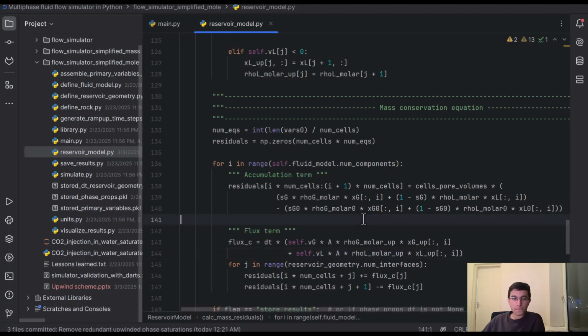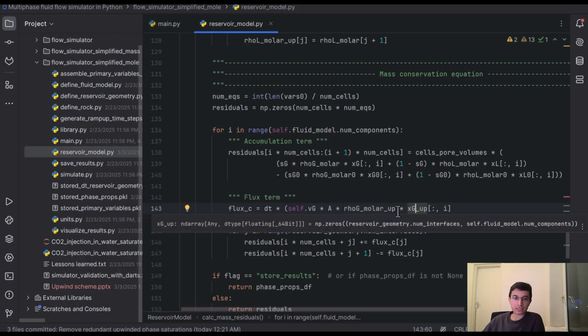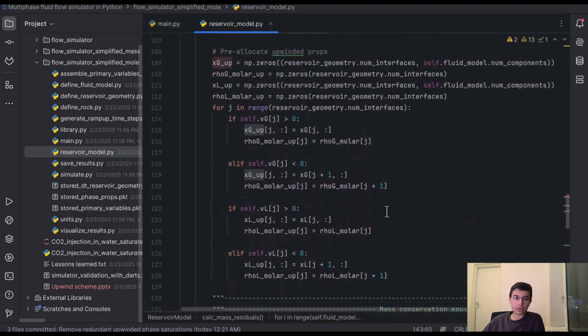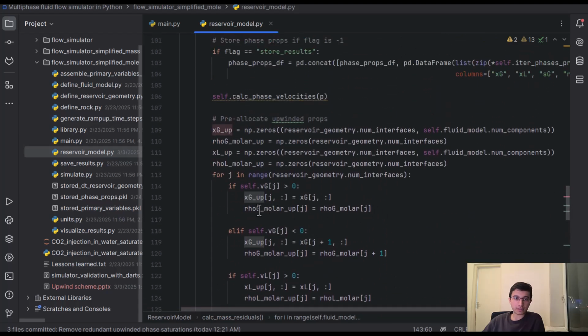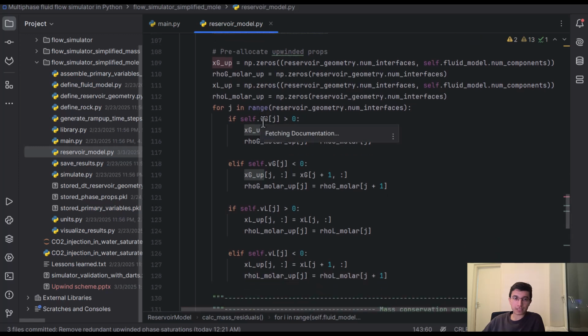So as I said, this phase density and X must be upwinded, and we have done it here in this part. So here we iterate over all the interfaces, and what happens here is that, for example, in this case, if the velocity of the gaseous phase is positive, this is how we apply the Upwind scheme.